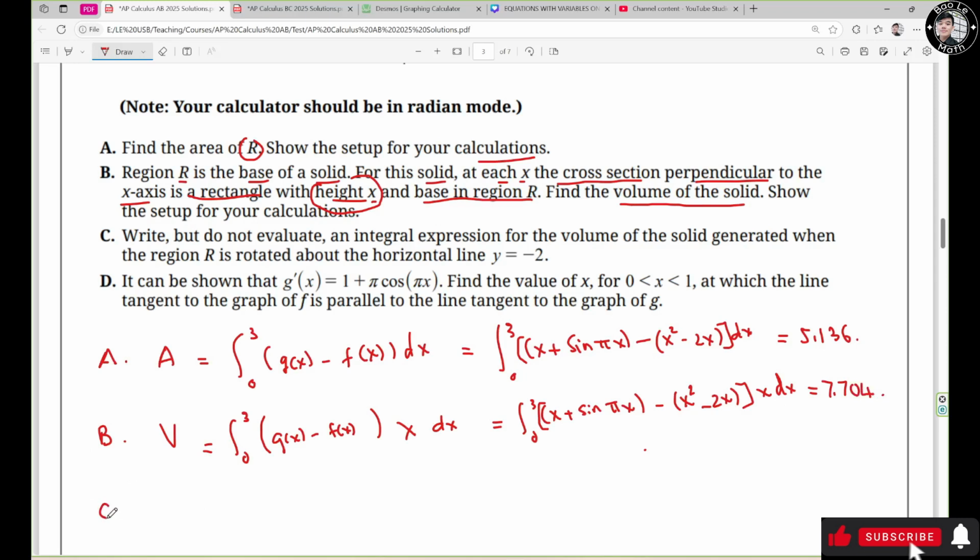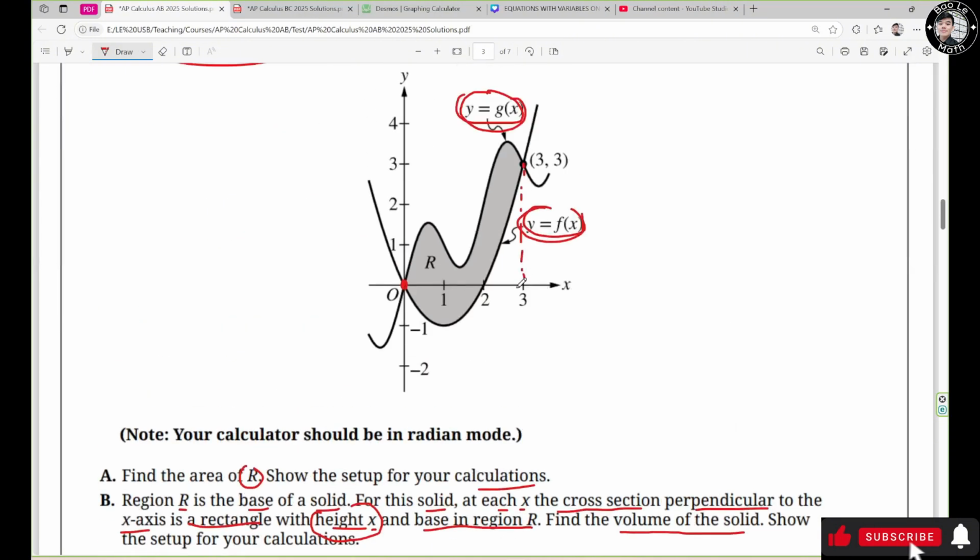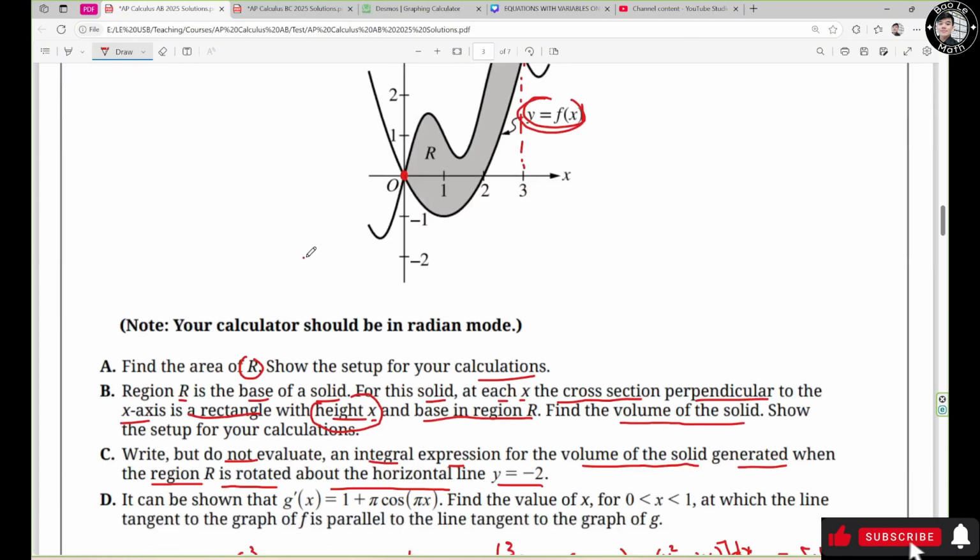Now question C. Write but do not evaluate an integral expression for the volume of the solid generated when the region R is rotated about the horizontal line y equals -2. Alright, so here's the y equals -2, so the horizontal line is going to be like this.